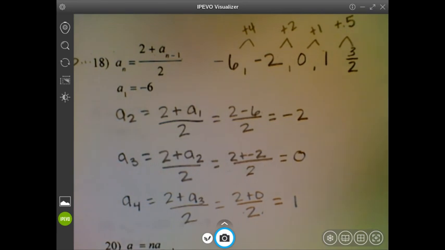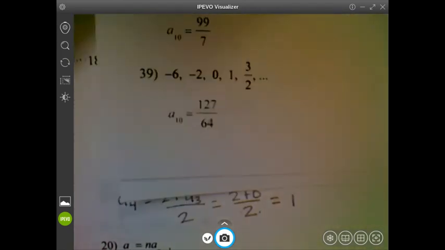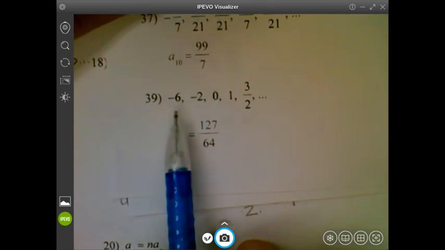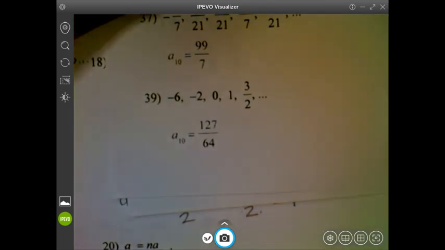So in your homework from the first day of this trimester, the first day in class, this was one of the sequences that was in there. Let's see if I can find it. Where did it go? It's number 39. So 39 on your homework, this was the sequence. That's the same one that we have.